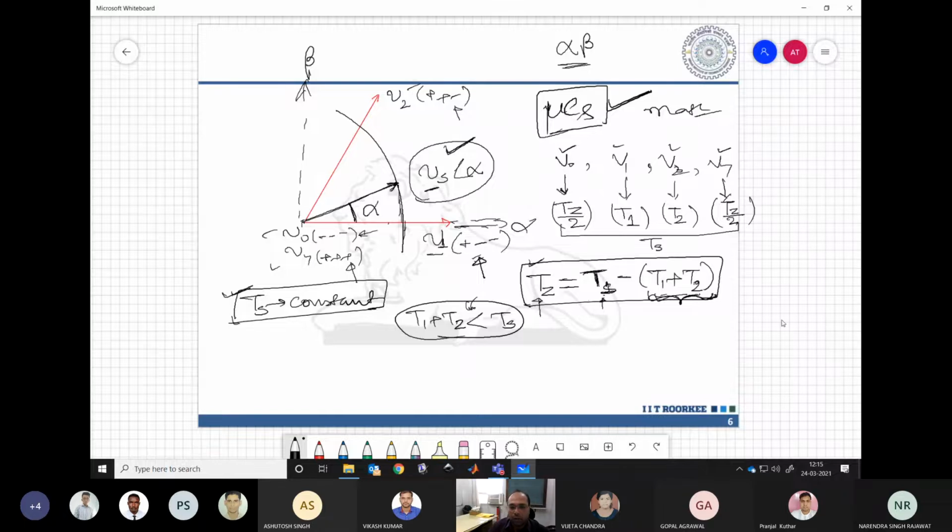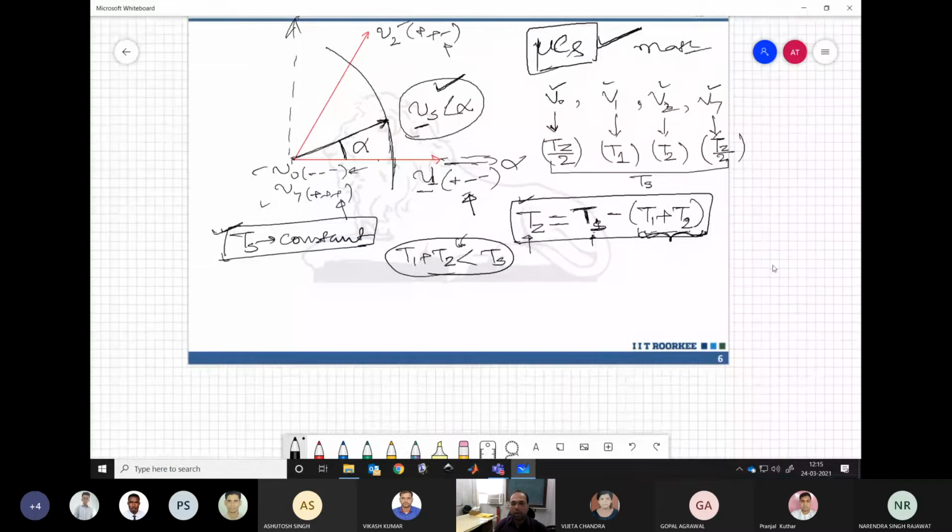Now we can compute what these values of T1, T2 and Tz would be, given a constant Ts and given the voltage vector value and its angle. Alpha is the sector angle. We are not taking it from this theta equal to 0 line. We are taking it from this axis where the first vector, V1 vector, is there.